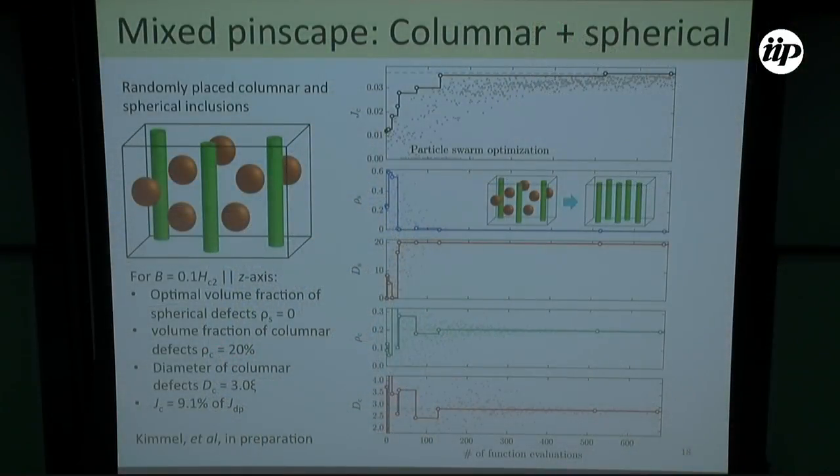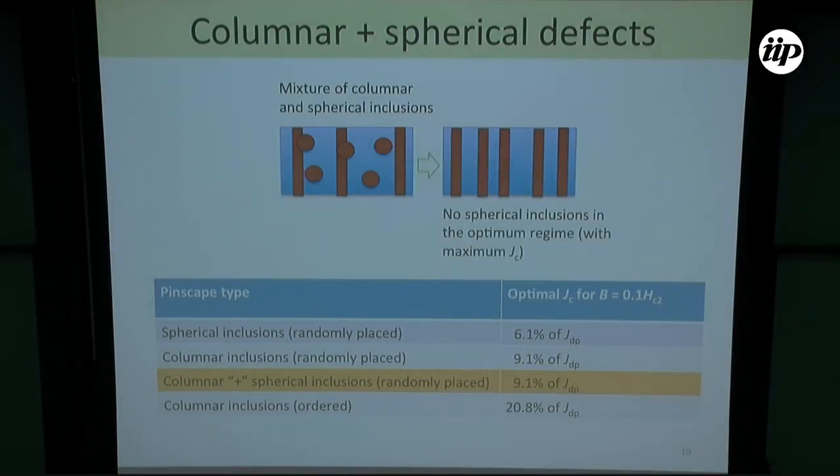Of course, the volume fraction is the same, but the volume fraction of the spherical defects goes to 0 in the optimum. So basically we just add this to the table.